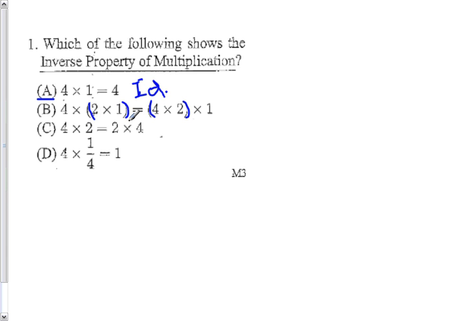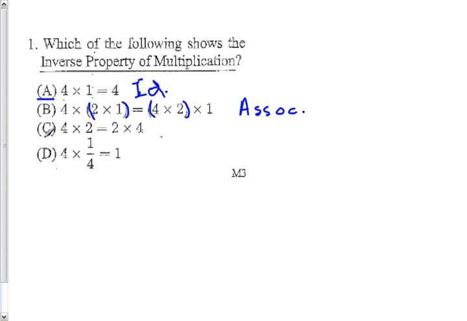We have associated the numbers differently. First we had 2 times 1 associated together. Now we have 4 times 2 associated together. And you'll notice though the order is still the same, which is important. The order will not change on the associative property. So I'll make a little note out here. I'm writing this with a mouse, so it's not the greatest in the world, but associative property.